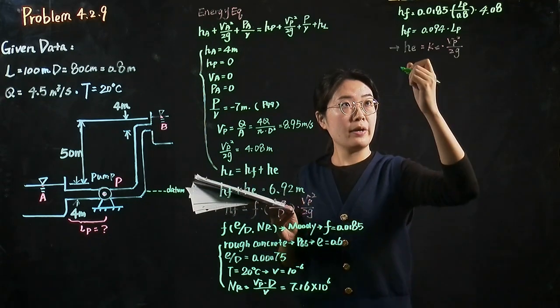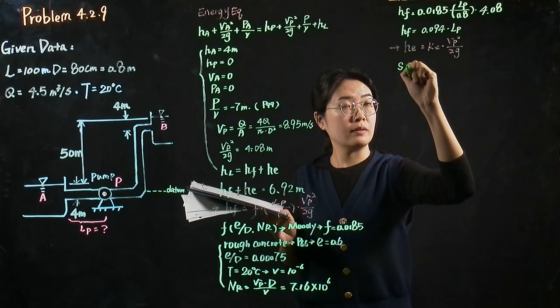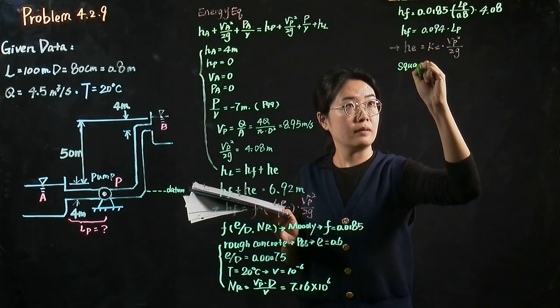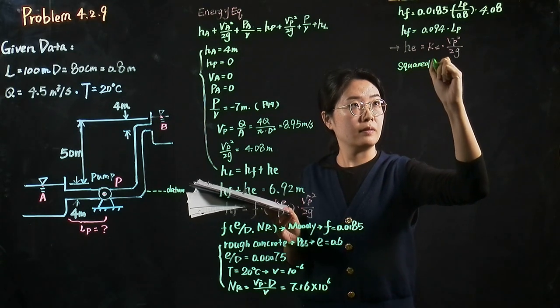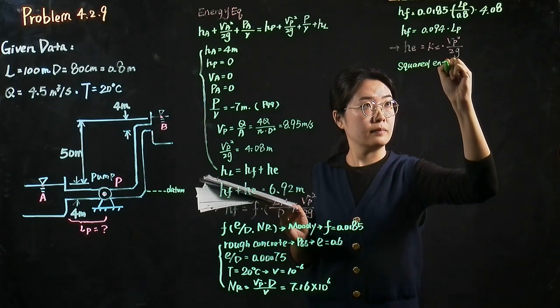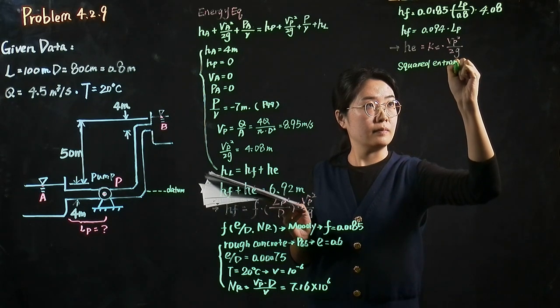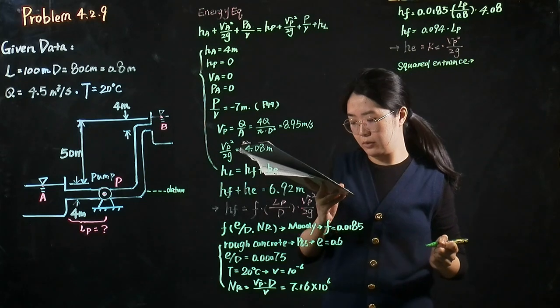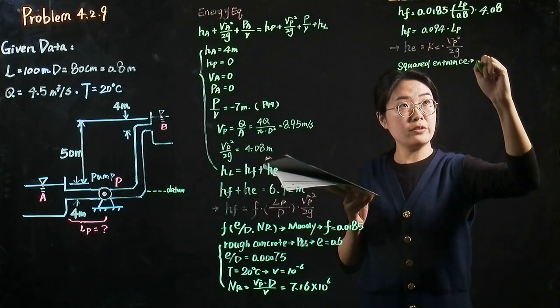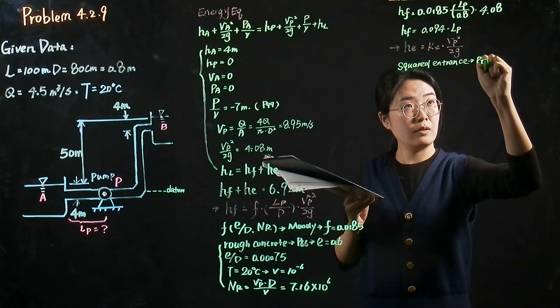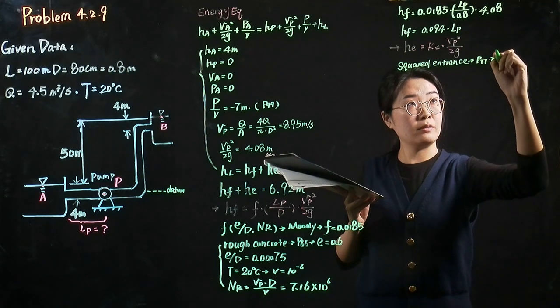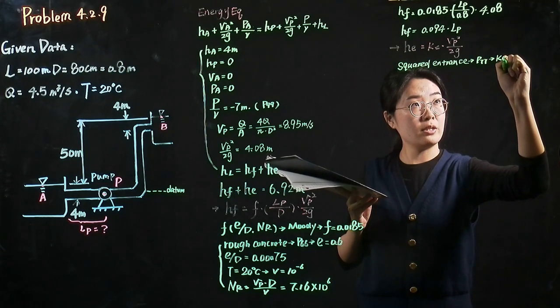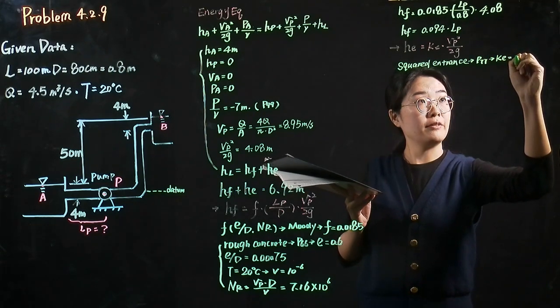Because it's a squared entrance, according to the figure on page 77, we can know that the coefficient equals 0.5.